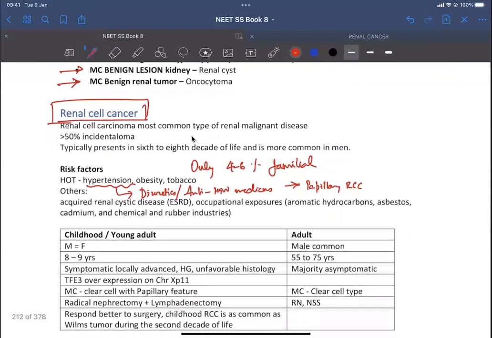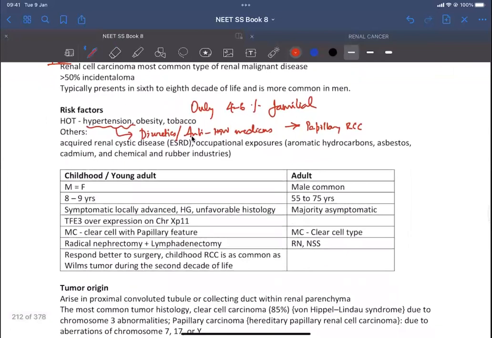So coming to RCCs, or renal cell carcinoma: men, 6th to 8th decade of life. Risk factors are essentially 3: H, O, and T, hypertension, obesity, and tobacco. Apart from this, acquired renal cystic disease, or ESRD, is a risk factor, and they usually form papillary type of tumors.